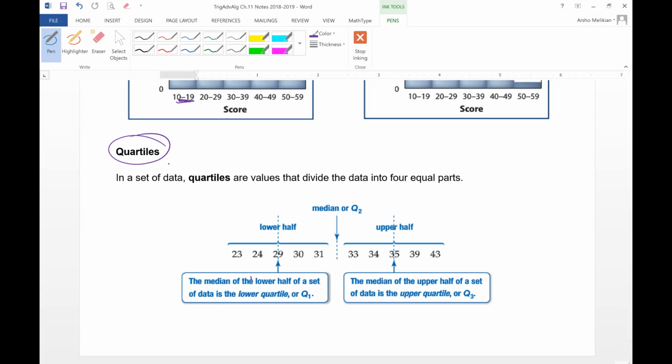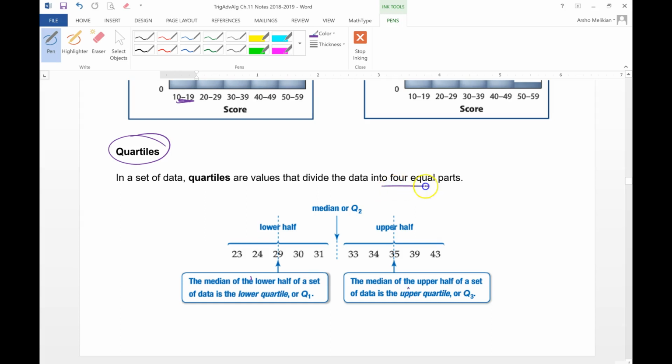For example, if I had test scores for 50 people, you divide the scores into 4 and say, these are the scores in the bottom fourth, the second fourth, and so on, up to the top fourth.